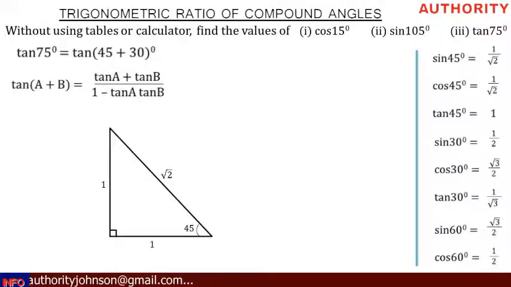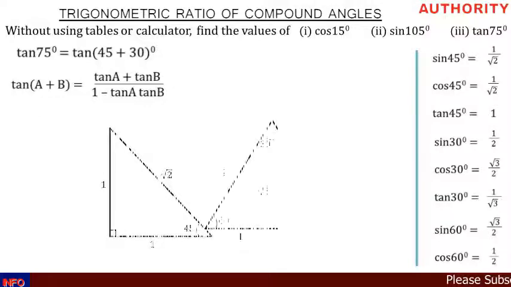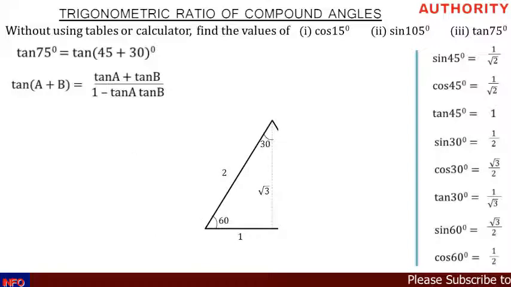Now let's go. In this diagram, when you say tan 45 degrees, we have opposite all over adjacent. So tan 45 degrees is going to give us 1 all over 1, which is equal to 1. Now when you say tan 30 degrees, let's look at this diagram. It's simply going to give us 1 all over root 3.